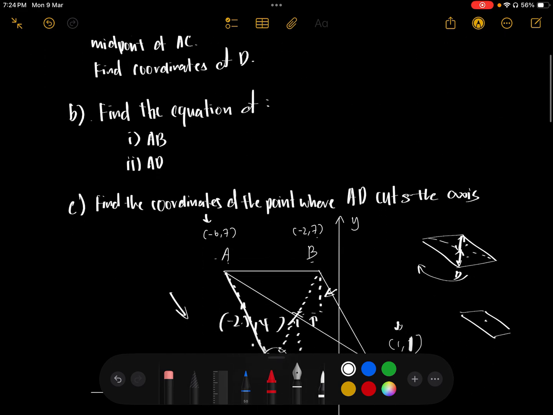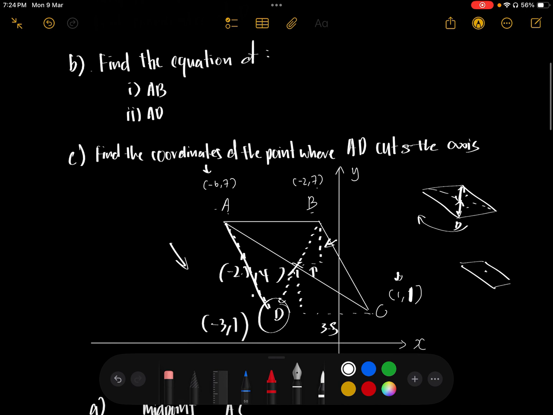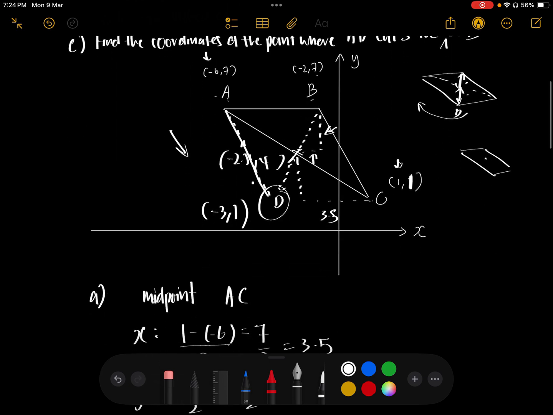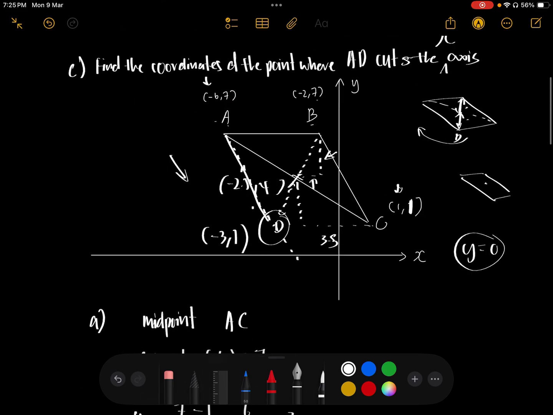Last but not least, find the coordinate of the point where AD cuts the axis. So this might be my mistake, it cuts the x-axis. So when does it cut the x-axis? When y equals to 0. So very simple.